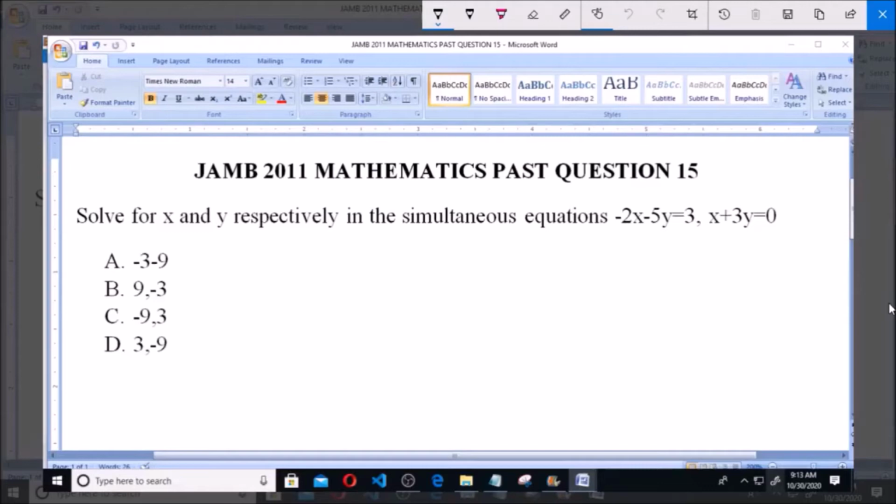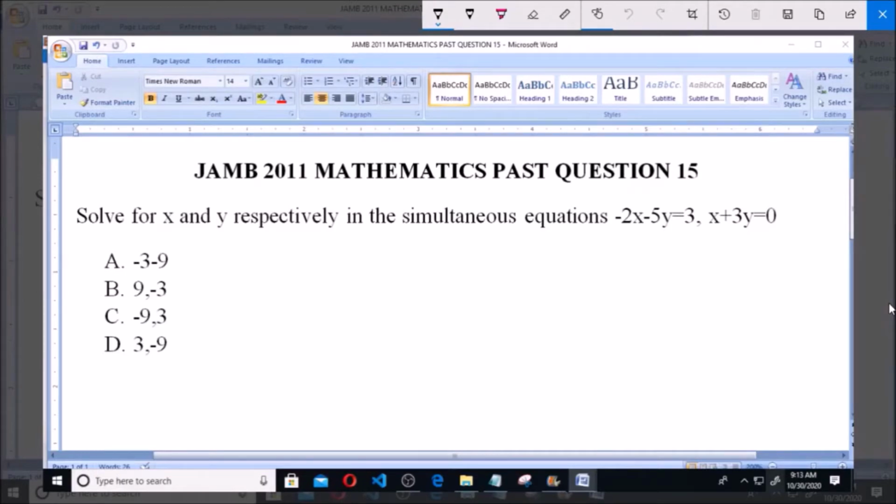I will be answering JAMB 2011 Mathematics Past Question 15. Solve for x and y respectively in the simultaneous equations minus 2x minus 5y equals 3, x plus 3y equals 0. A: minus 3, minus 9. B: 9, minus 3. C: minus 9, 3.